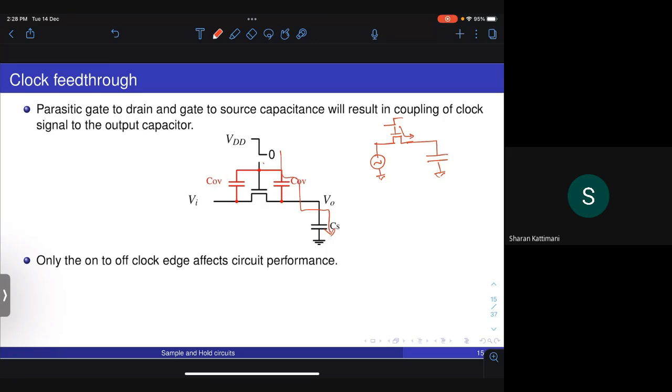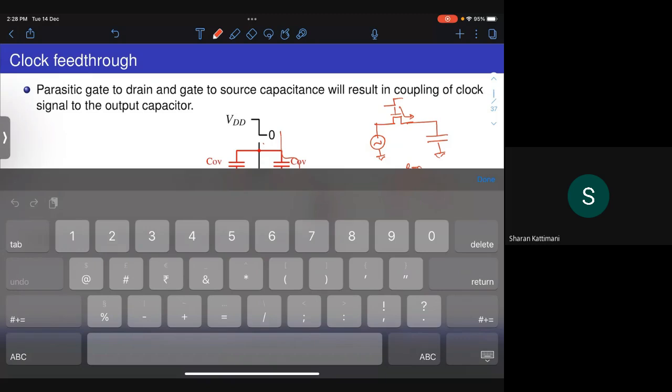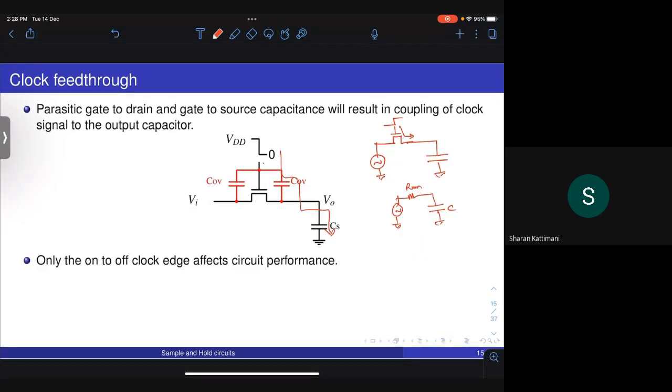But soon after the switch turns on, the equivalent circuit looks like a very small on resistance followed by the sampling capacitor. So even if there is some additional voltage here, it will basically get charged through the on resistance.